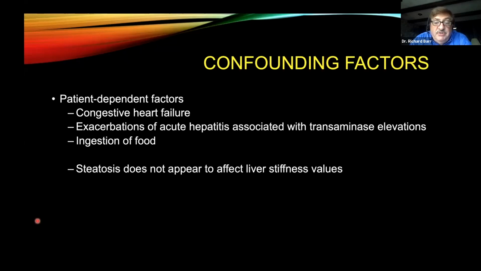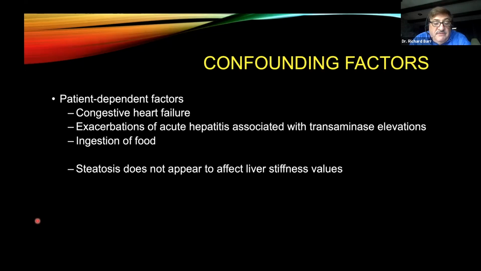Exacerbations of acute hepatitis with associated transaminase elevations, again, are going to increase the liver stiffness. And if you use cutoff tables, you'll overestimate the degree of fibrosis. And again, I think a critical thing to remember here is if those liver enzymes are greater than 5 times the upper limits of normal, you have to really be aware that calculating the degree of fibrosis is probably going to be inaccurate.